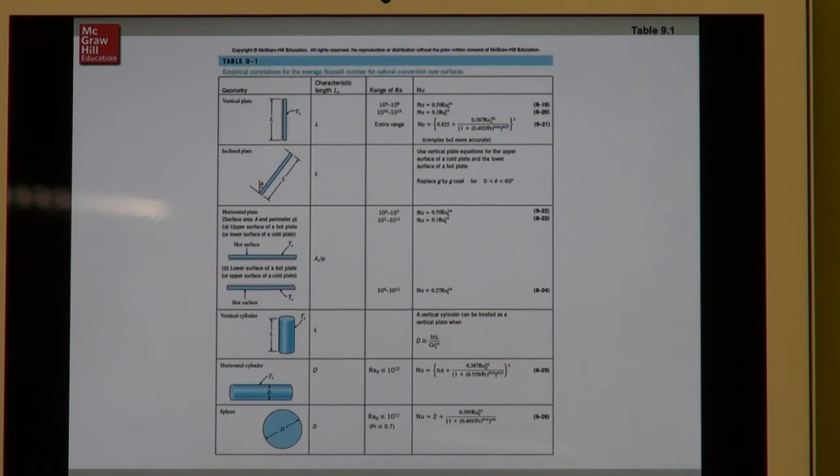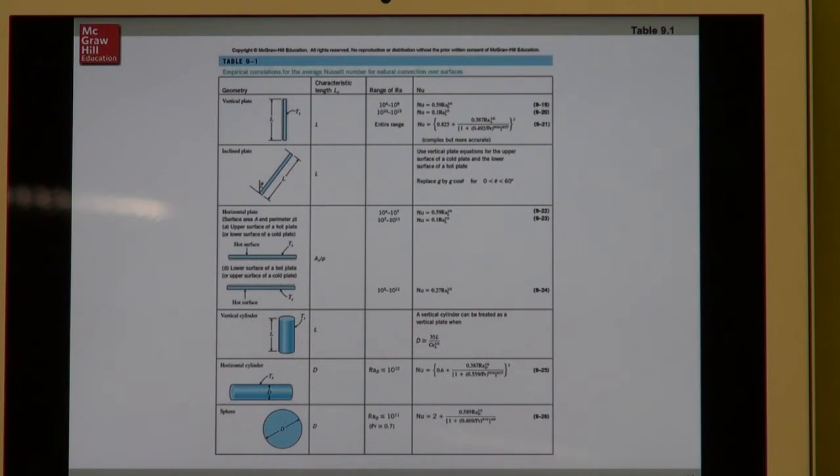And for each one of them, the characteristic length is given to you, how you should get it. Then also given is the range of the Rayleigh number, and then there are Nusselt number equations. In some cases, there is just one Nusselt number equation, and in other cases, the equation depends on the range of the Rayleigh number. So it is as simple as that. You have to use that. But it can be an art.